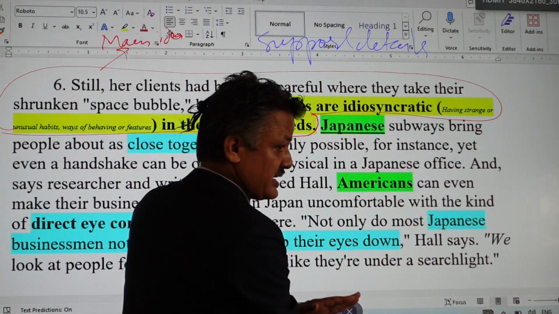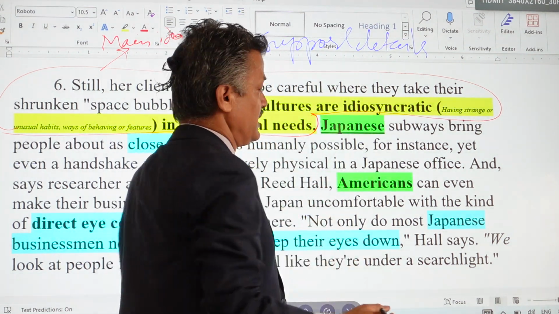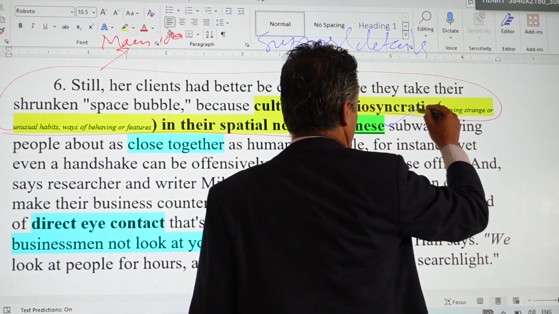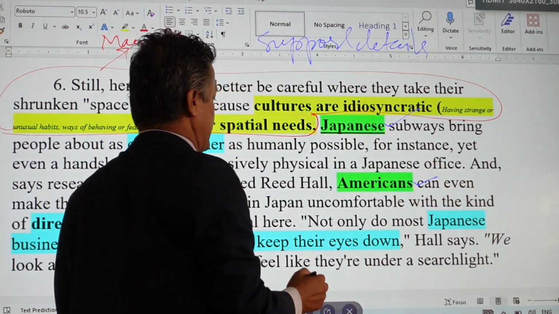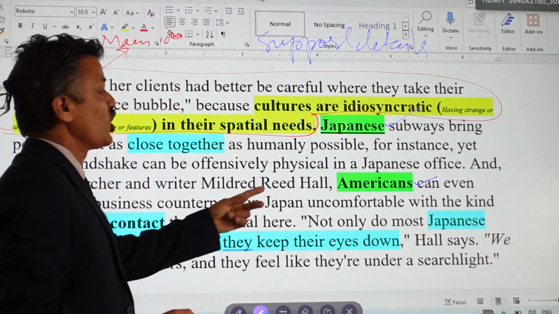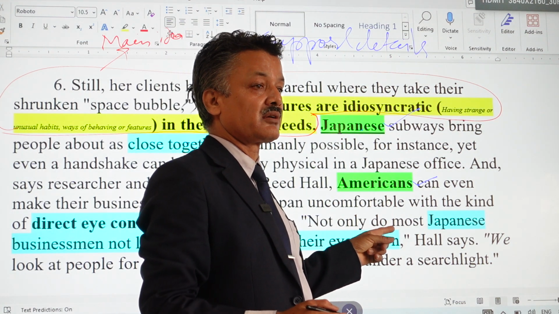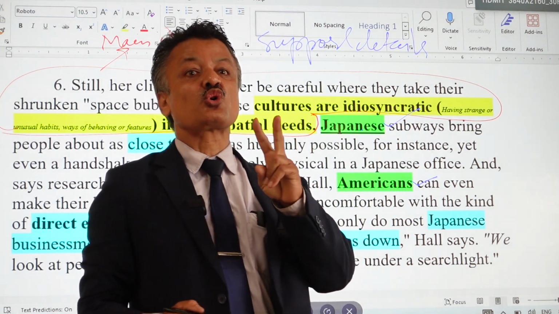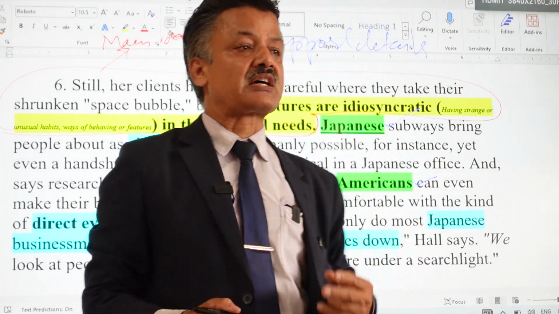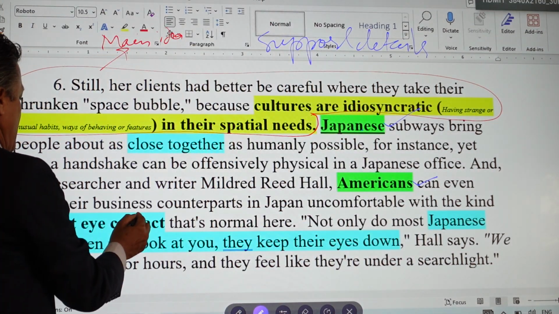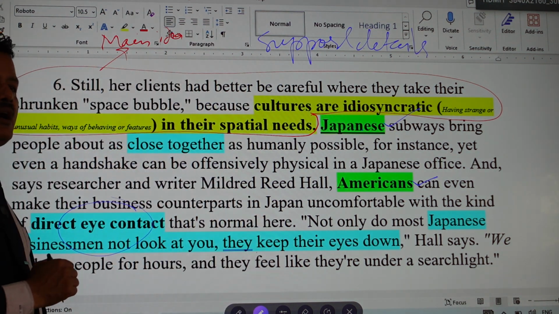The rest of the sentences are supporting details. There are two examples: an example of Japanese culture, an example of American culture. And then the paragraph compares Japanese culture with American culture and shows the difference. For example, Americans have eye contact, Japanese don't have eye contact.